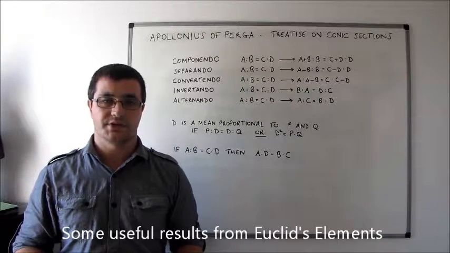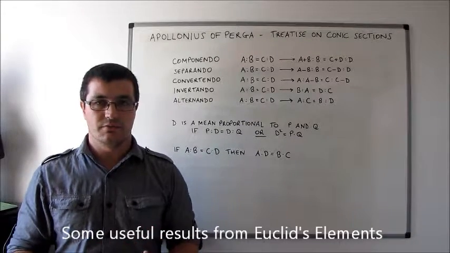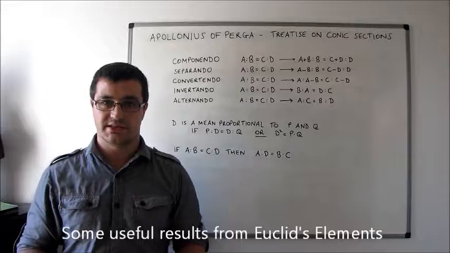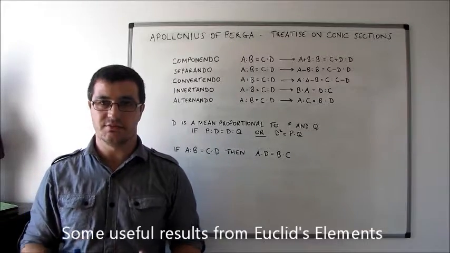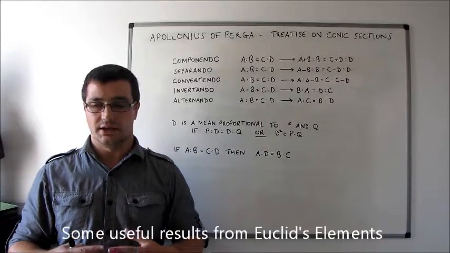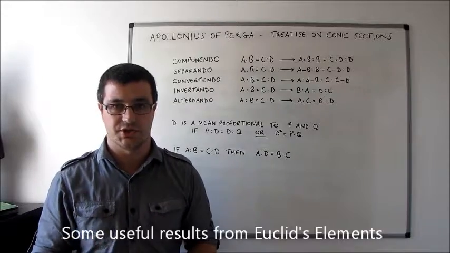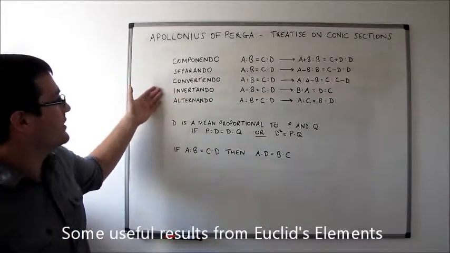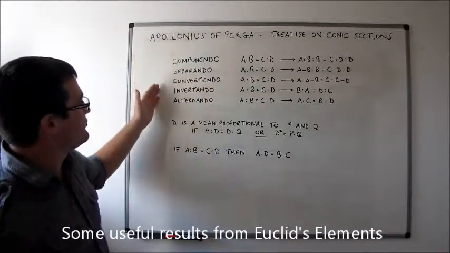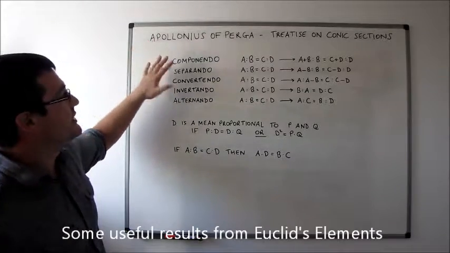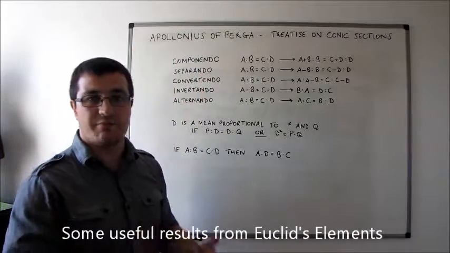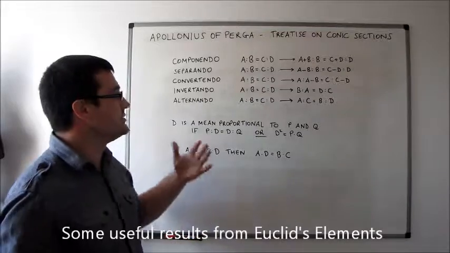So finally, I just want to go through a few more principles from Euclid's Elements, really relating to manipulation of proportions and ratios. As you can see on the board, I've written a few different rules: componendo, separando. These relate to different manipulations that I can make to ratios.